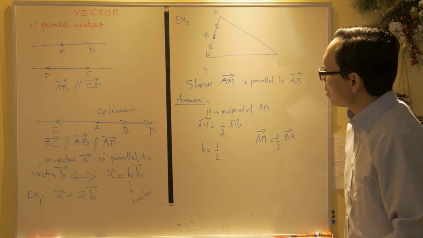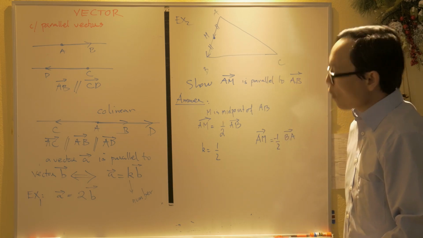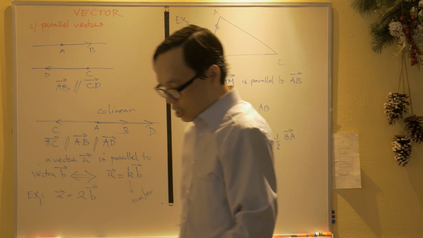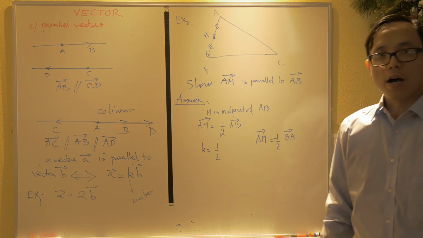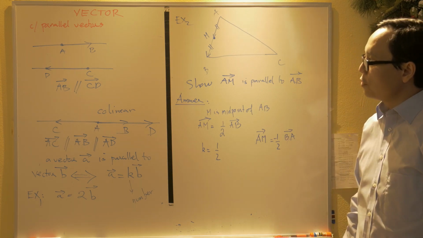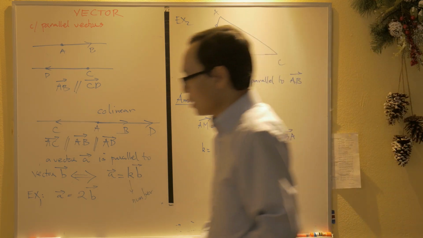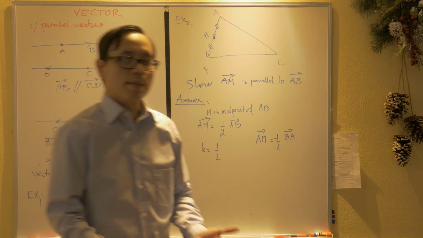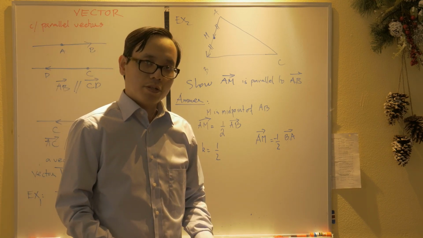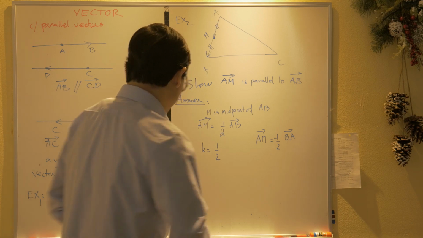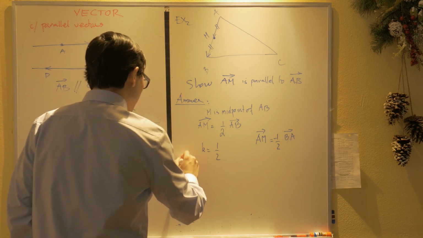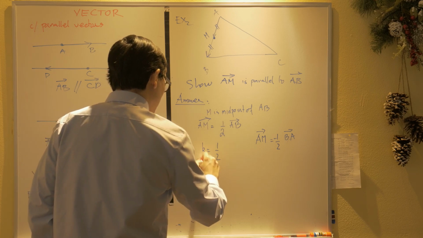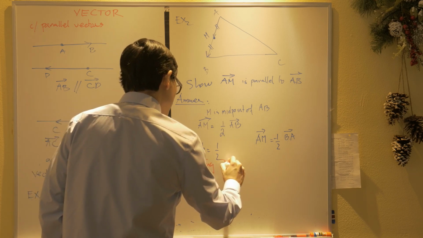So the fourth property I want to talk about is addition of two vectors. How are we going to add two vectors together? Is it the same as how we add numbers together or not? We want to investigate that also.